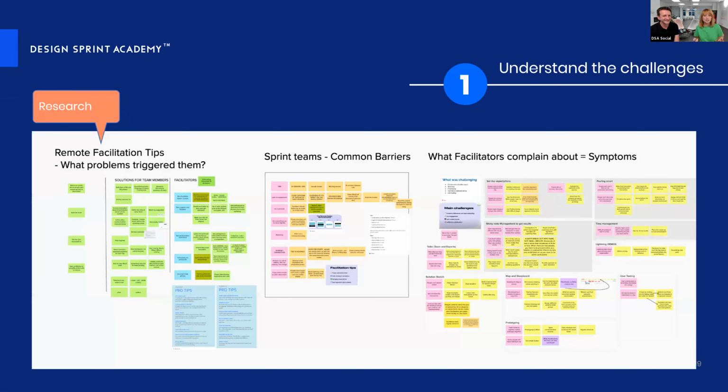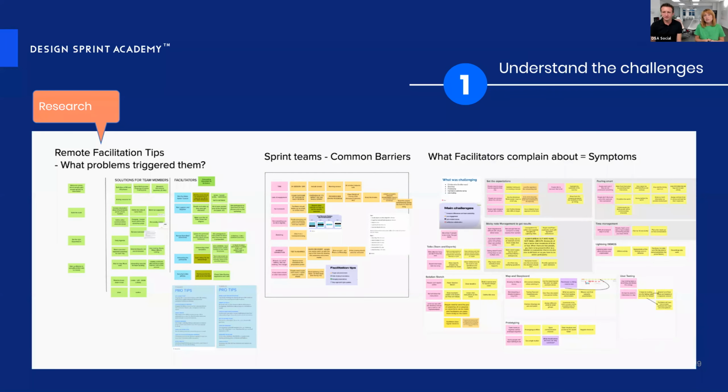So that's what we did. Now, in order to understand the challenge, we did a little bit of research. As you probably know, there are tons of resources out there, tools, best practices, tips and tricks from other remote facilitators telling you how things need to be done, what you need to pay attention to, what some challenges and barriers are.